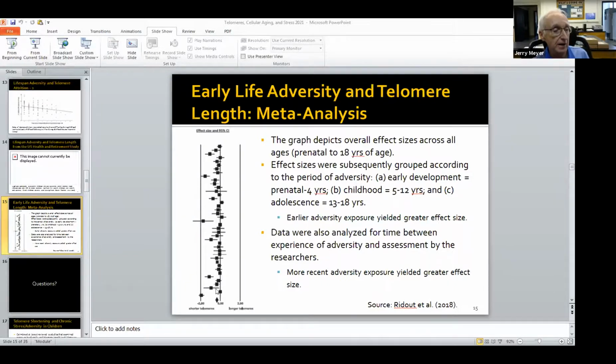And then the meta-analysis statistically combines them. They're weighted with respect to the number of participants in each study. Again, just to give you a little bit of grounding in meta-analysis.